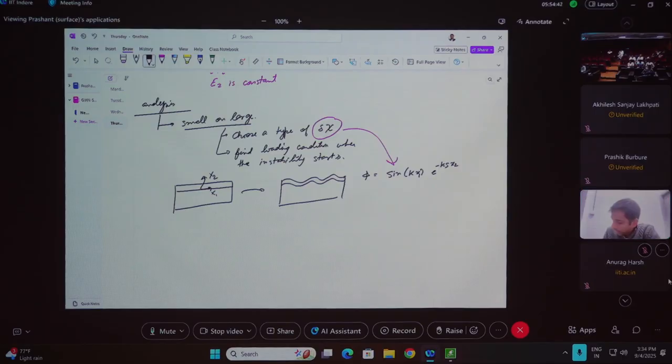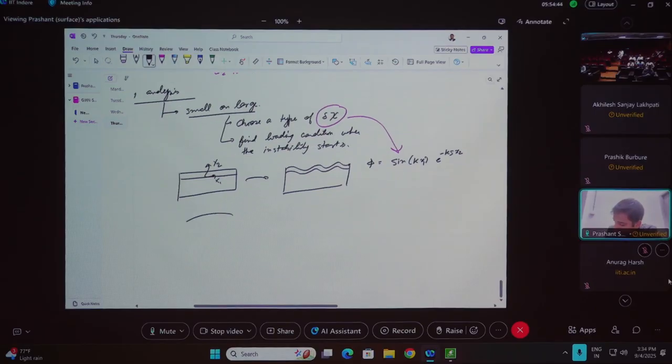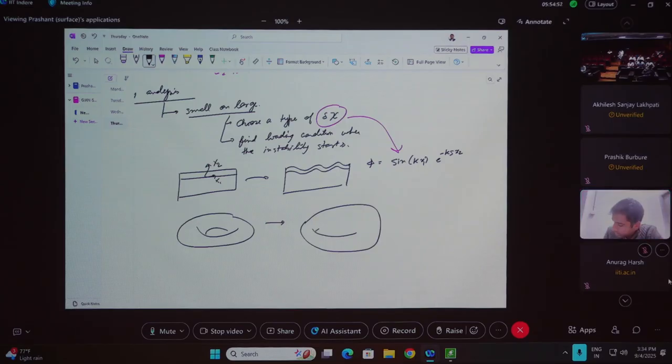Or maybe this torus problem, where we were looking at when the torus becomes very asymmetric. And again here we had sine m phi, or basically we had both sine and cosine functions, where phi is the angle that goes like this.